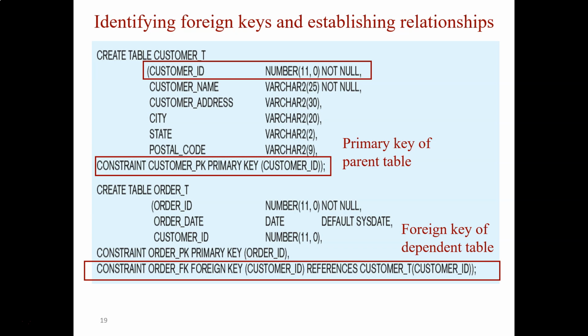So the primary key customer ID is a foreign key in the order table. To define the primary key, we use constraint followed by the constraint name. In this case, customer PK, and then followed by the keyword primary key to indicate this is a primary key constraint, and then the attribute name in a set of parentheses.